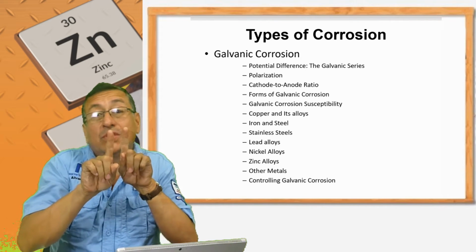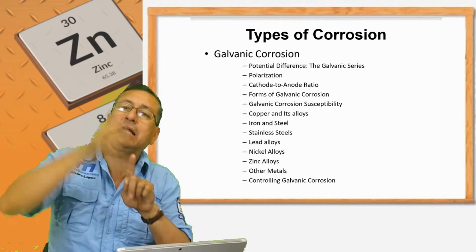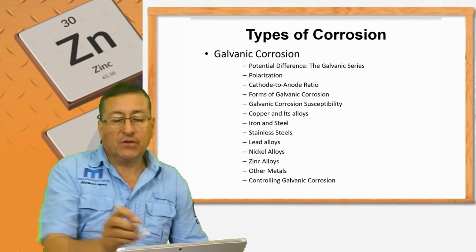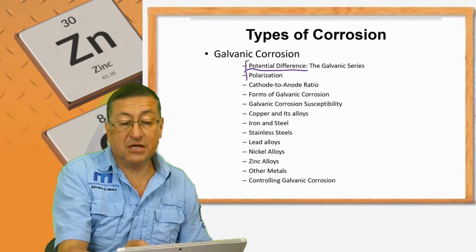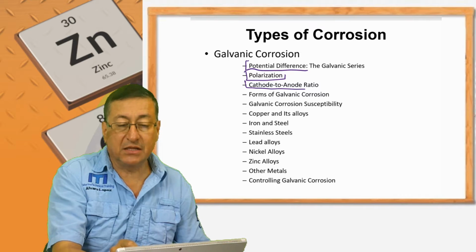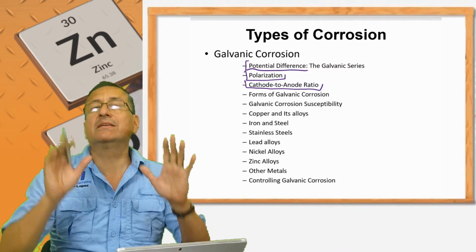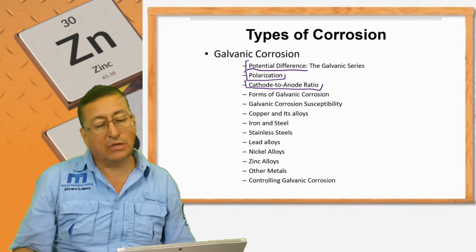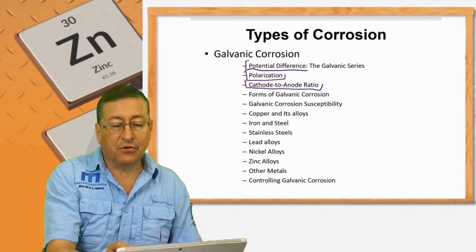When you have two dissimilar metals touching one another, the more noble attacks the less noble. It's basically because of the potential difference, because of the polarization, because one becomes a cathode and the other becomes the anode. This is the reason for galvanic corrosion, and there are a lot of factors that accelerate it.